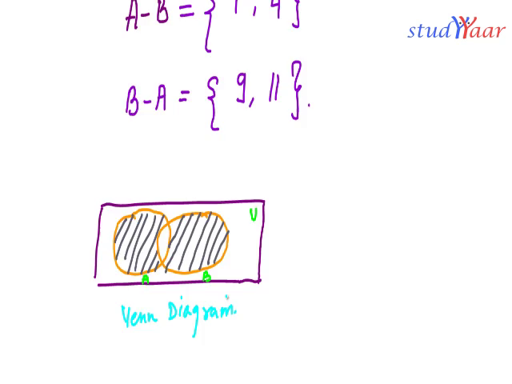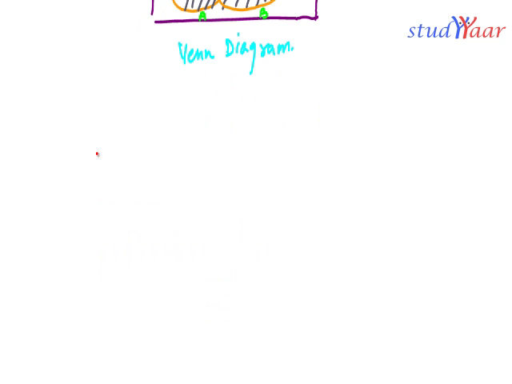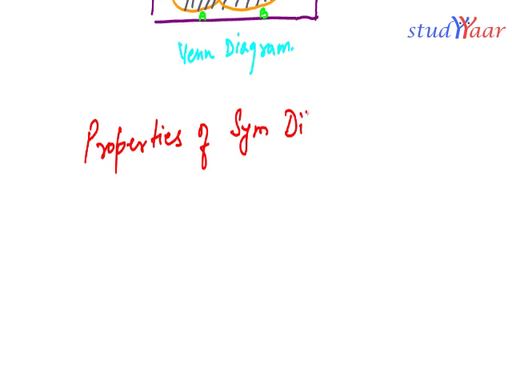Let's look at some properties of symmetric difference. I'm going to write down over here properties of symmetric difference. And these properties are: symmetric difference of A with itself is equal to null set.